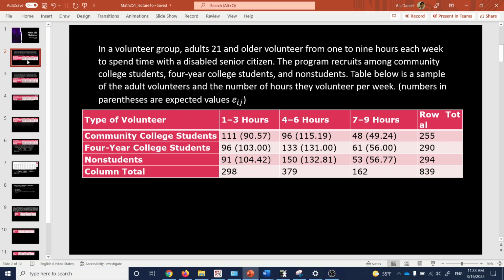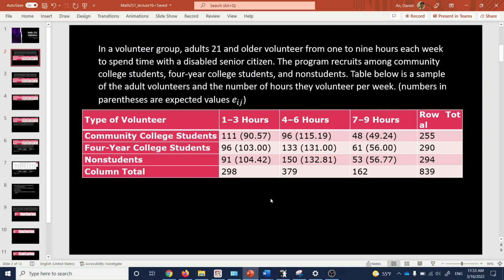So I explained how to do the chi-square test of independence for a contingency table. A contingency table is a table of frequencies.